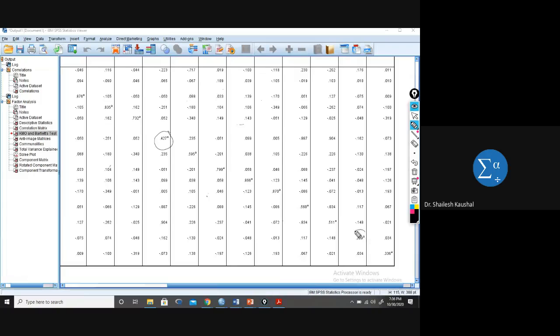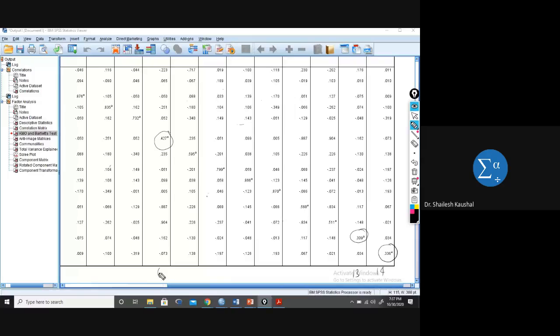This is also not okay, and this one also not okay. So variable number 14, variable number 13, and this is variable number 14. 14, 13, 12, 11, 10, 9, 8, 7, 6.